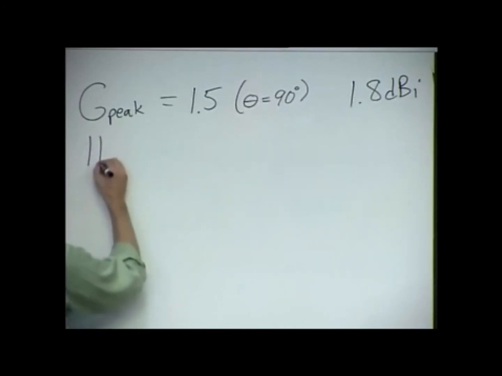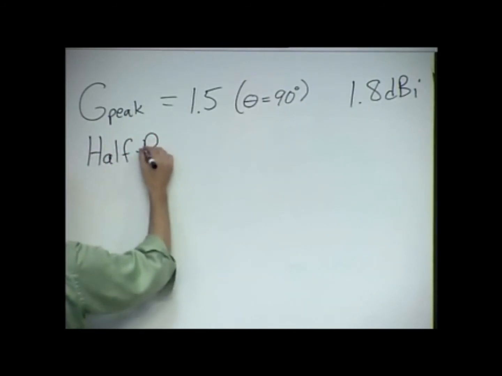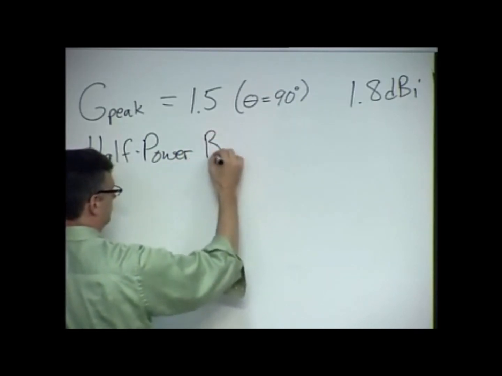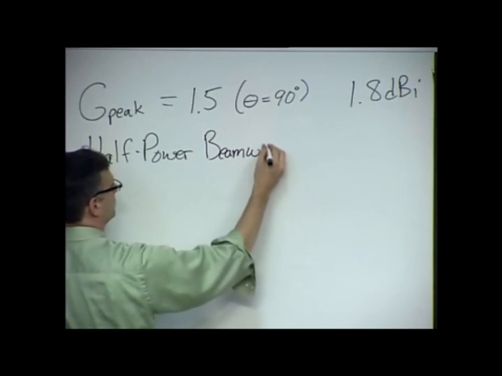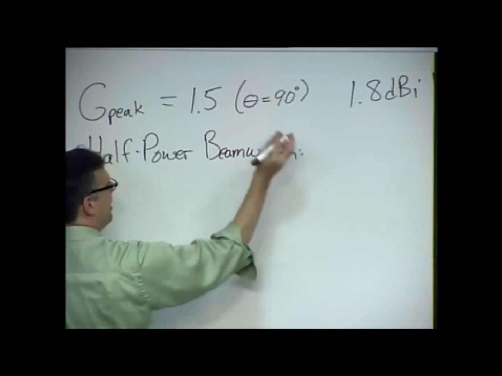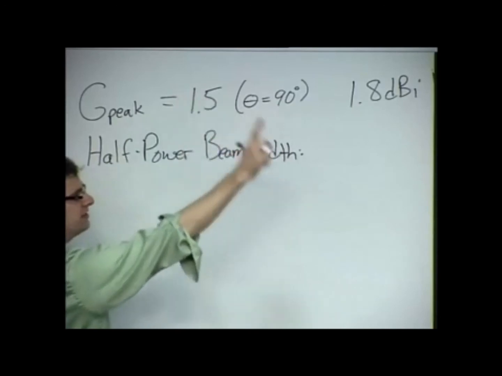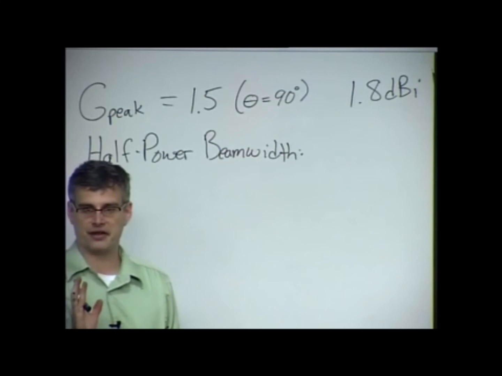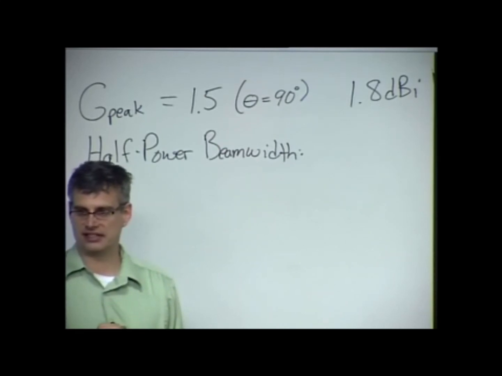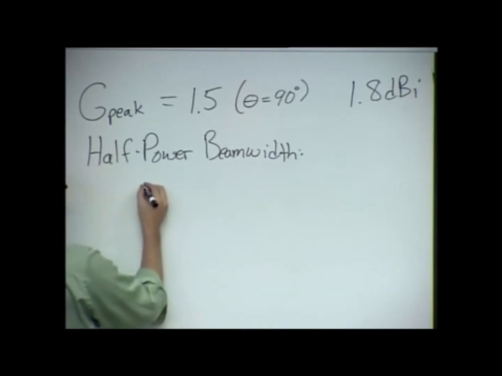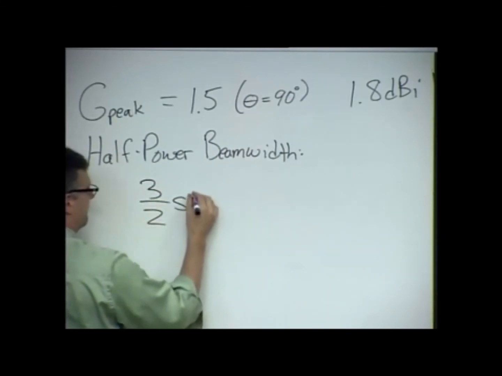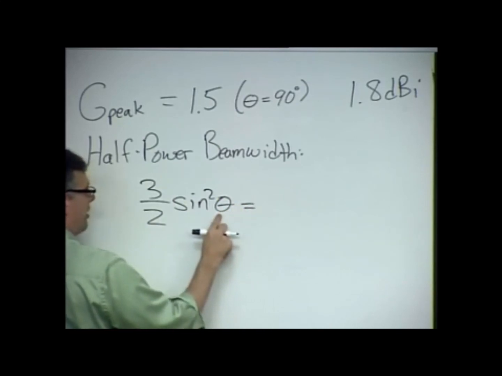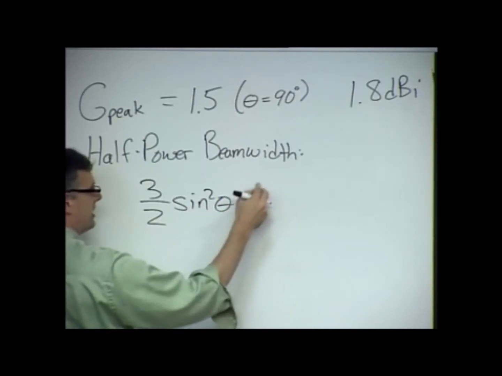The half-power beam width, or sometimes called the 3 dB beam width, of an antenna is how far you can go to the left and to the right of the peak gain and still get within 3 dB or 1/2 of the power transmitted by this antenna. So in the case of 3/2 sine squared theta, we need to solve for the half power points in theta, which can give me up to half the peak gain.